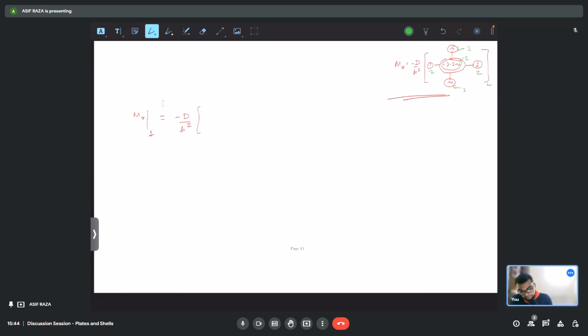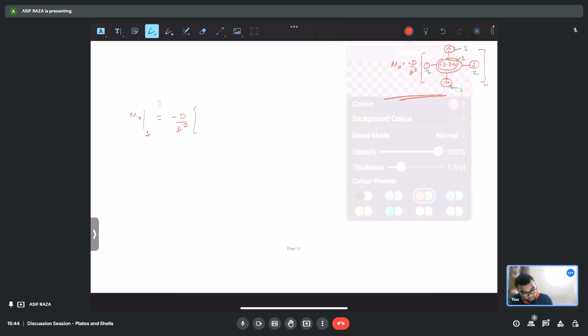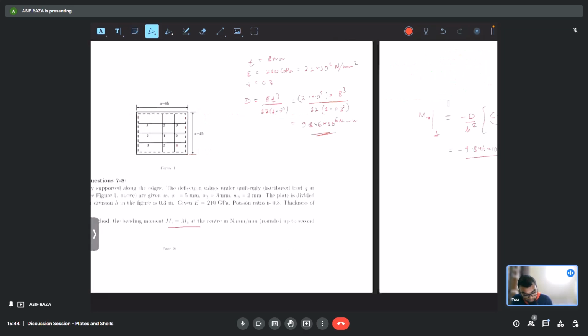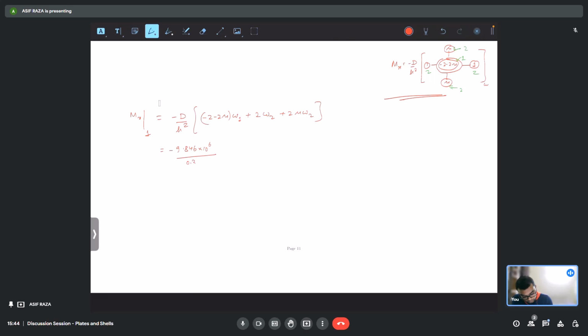So we have 4 into minus 2 mu times w1 plus 2 into w2 plus 2 into mu times w2 equals, substituting the values, minus 9.846 into 10 power 6 over h, where h is 0.3 meters, 0.3 into 10 power 3 square.